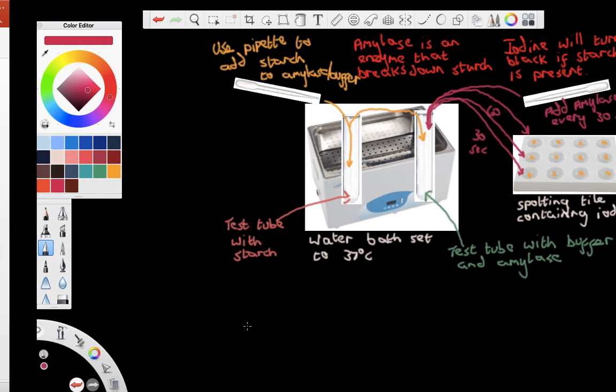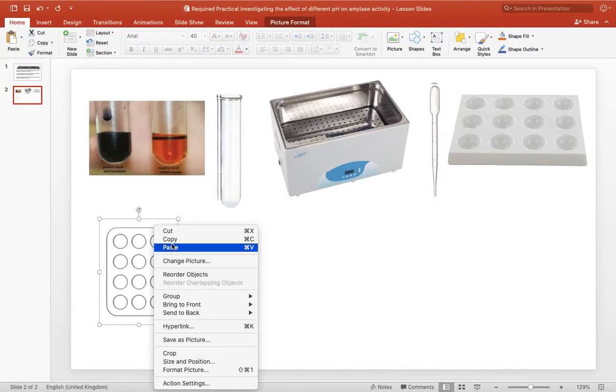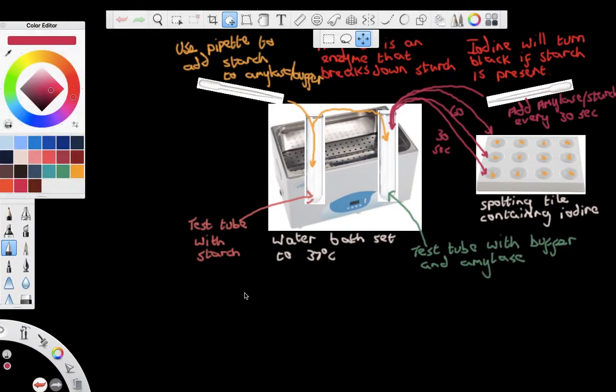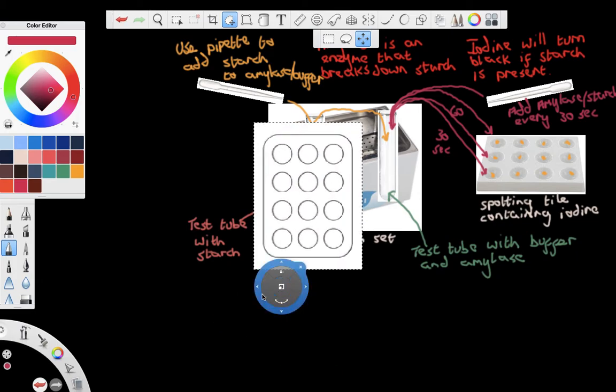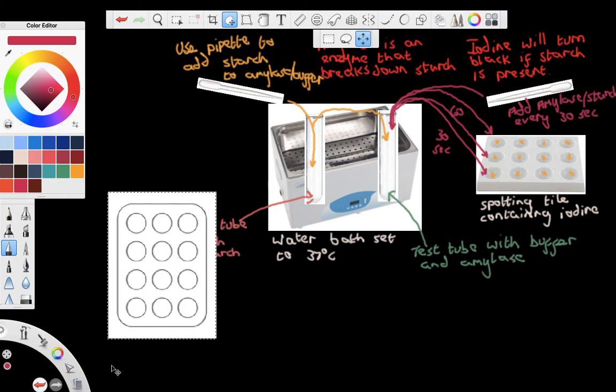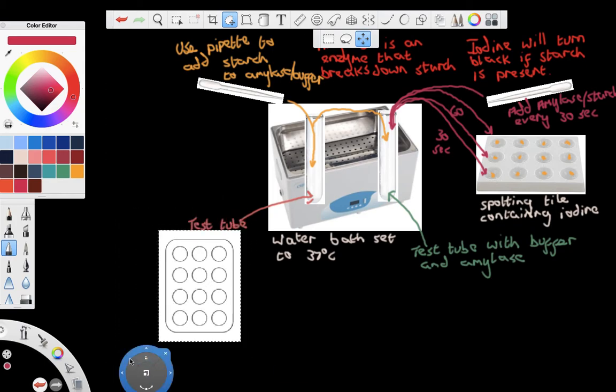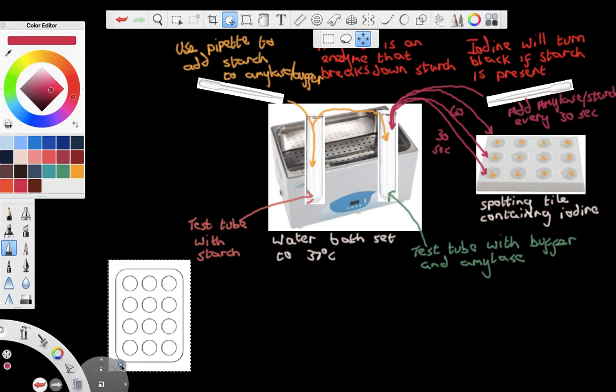So if I'm adding it every 30 seconds, what I might find is that my results will look something like this. So this is going to be my spotting tile that I'm looking down at. This is going to be my 30 seconds, 60, 90, 120, 150, 180, 210, and so on and so forth.